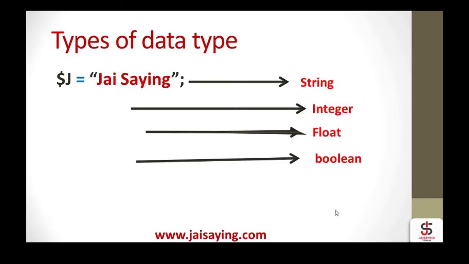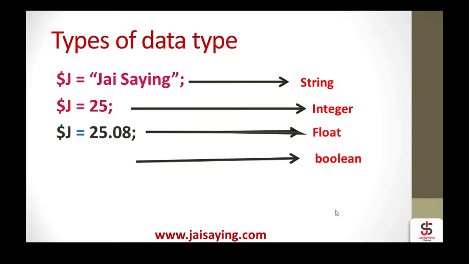If you are going to use the integer data type, so what is the integer data type? Integer data type, in simple language, is when we store a numeric value inside the variable. That is called the integer data type.